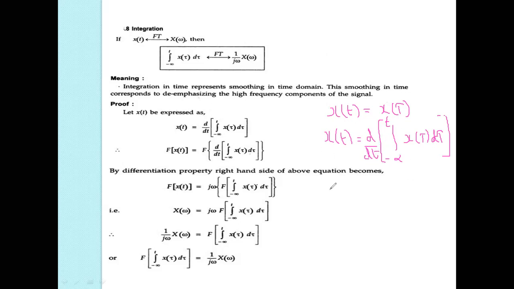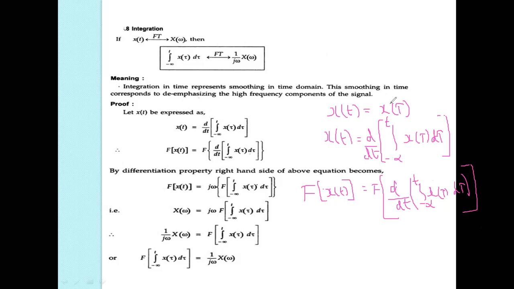Apply the Fourier transform on both sides. The Fourier transform of x of t is equal to the Fourier transform of d by dt of the integral from minus infinity to t of x of tau d tau. Only thing you have to remember here is that t and tau are both variables, and the left hand side is the x of t signal and the right hand side is the x of tau signal.